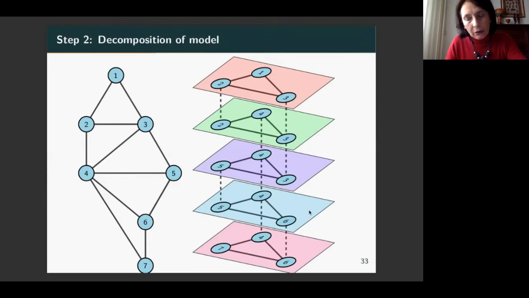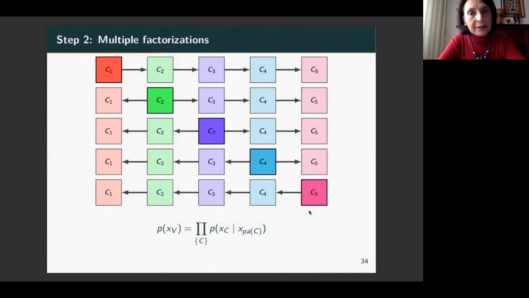So to make a long story short, there is one factorization for each clique which is chosen to be the root clique. In this toy example, we have 5 factorizations available, which are represented in this sort of matrix, where each row represents a factorization, and the darker clique is the clique chosen to be the root, which is then connected with the other cliques in a tree fashion, respecting the links given by the separators.